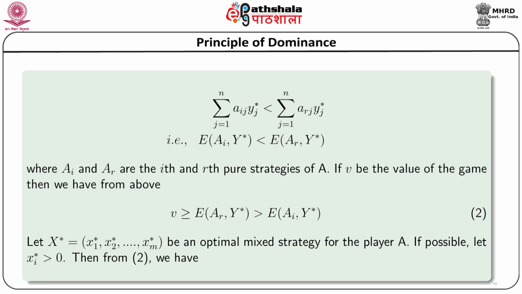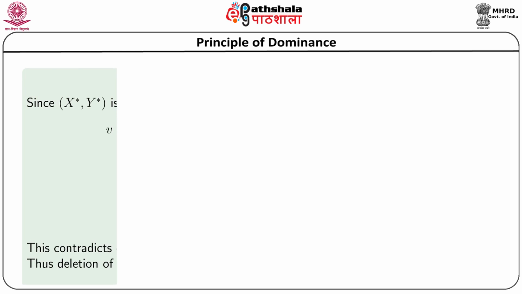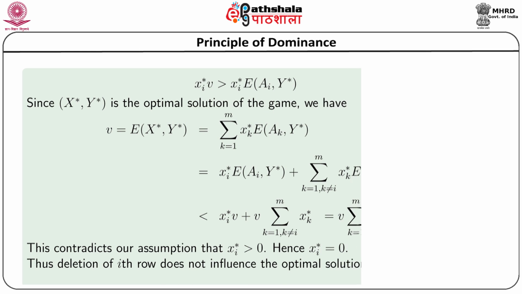Let x star equal to x1 star, x2 star up to xm star be an optimal mixed strategy for the player A. And if possible, let us suppose that xi star is greater than 0. Then from relation 2, we have xi star V is greater than xi star E(ai, y star).